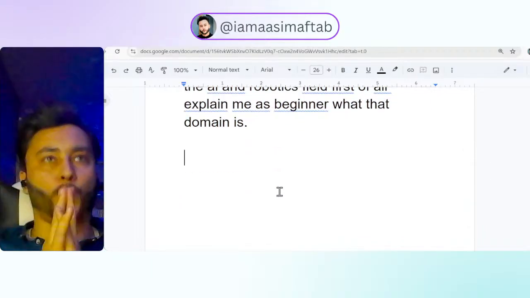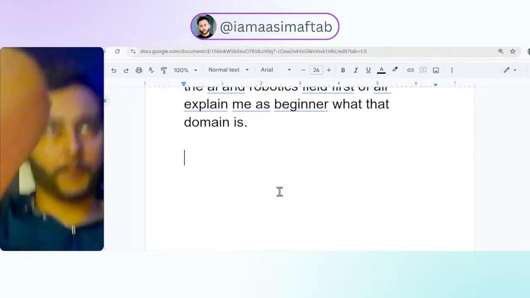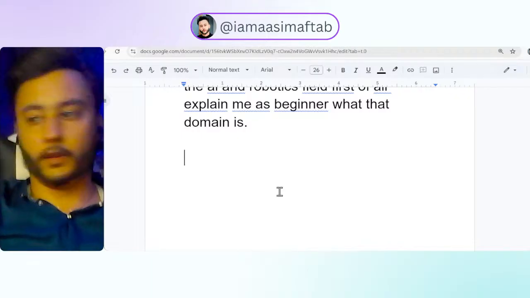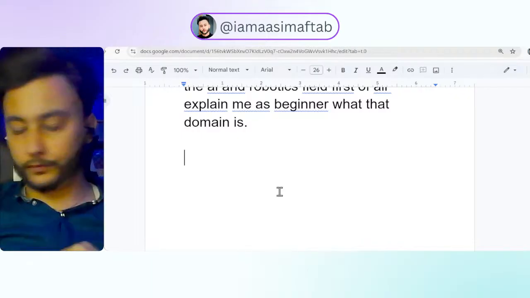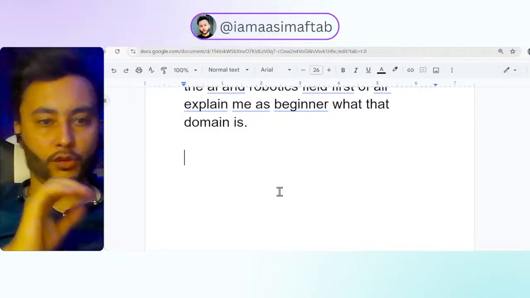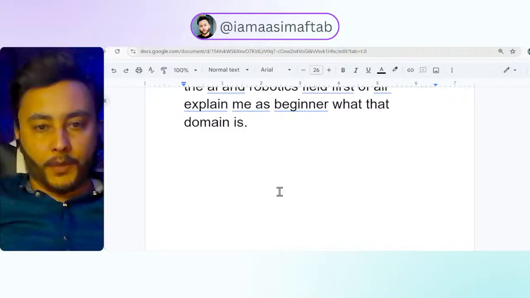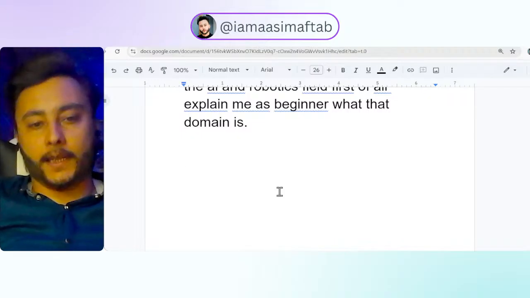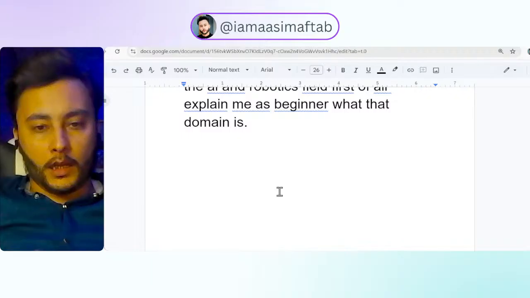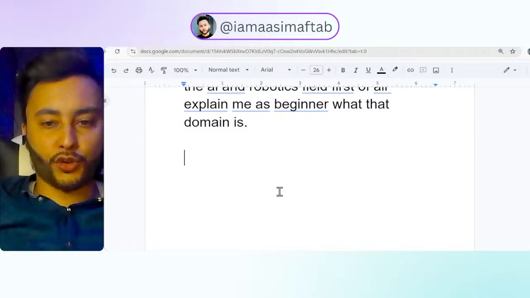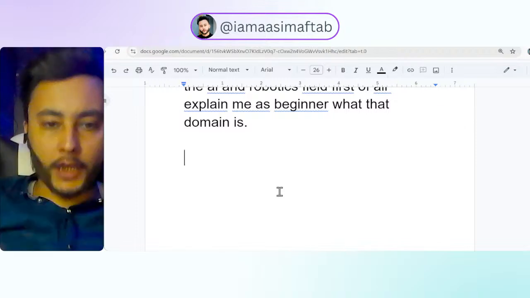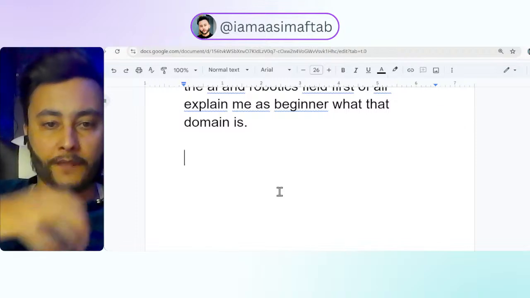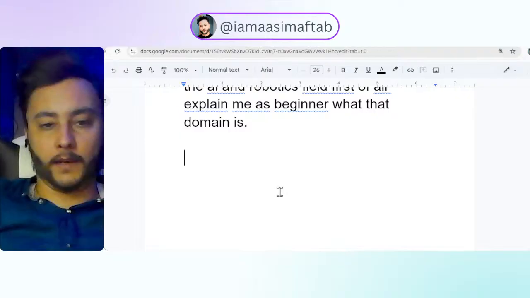Now, I'm not a prompt engineer. Okay, let me make it a bit smaller. Is it okay? Everything is okay. I'm not a prompt engineer and I don't know how to write a prompt accurately. As you may all know, to bring extra and effective knowledge from the AI, you need to give it a prompt in a better way.